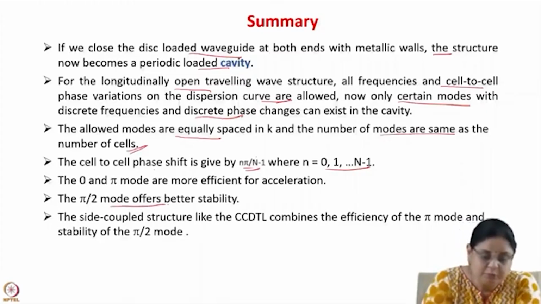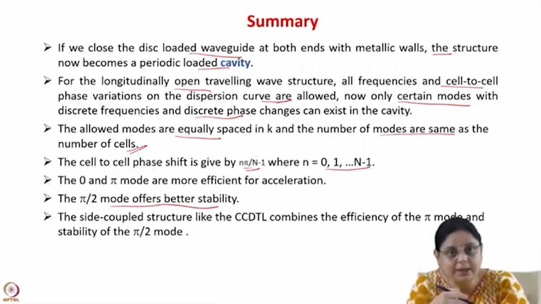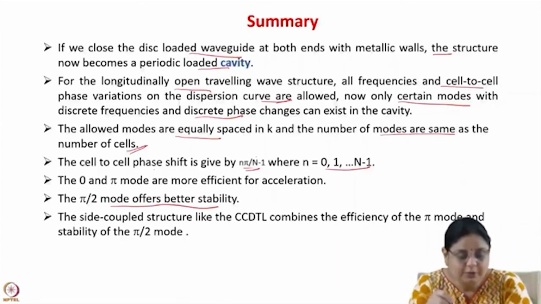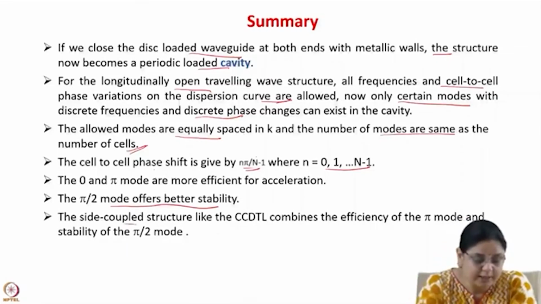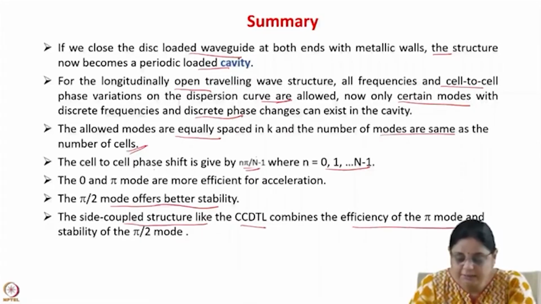However, the pi by 2 mode offers better stability. So you can combine the efficiency of the pi mode and the stability of the pi by 2 mode in a side coupled structure like the CCTL.